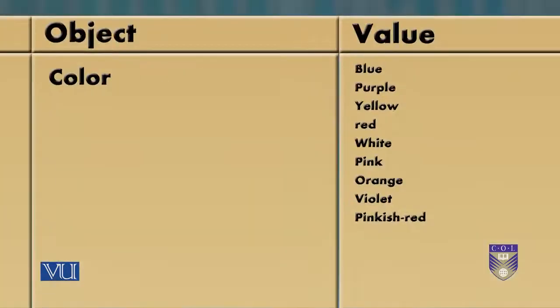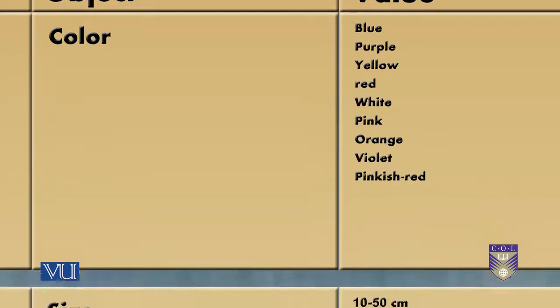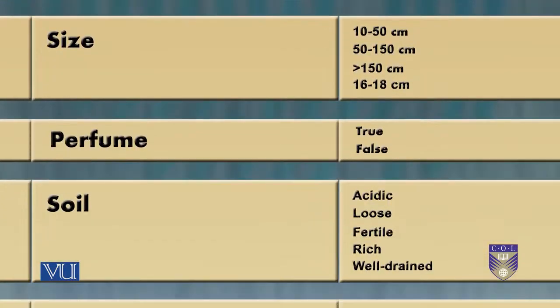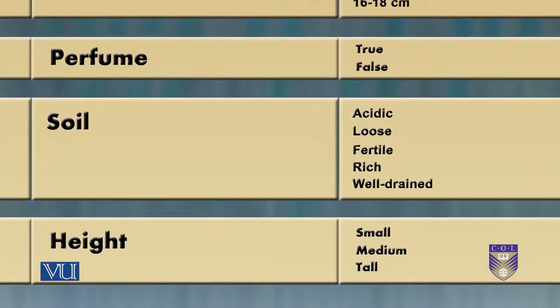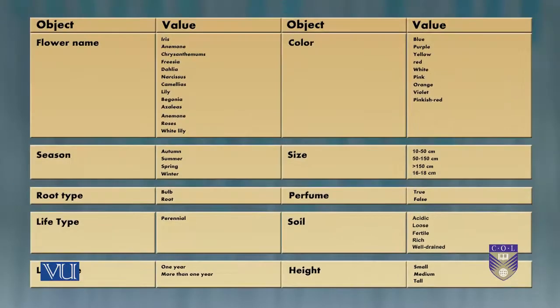Then we have another object called colors and several values against that. And then the size and perfume, like whether they have smell or not, and so forth. Then we have soil and height. So these are those particular objects along with their defined conditions or values that exist in the knowledge base.